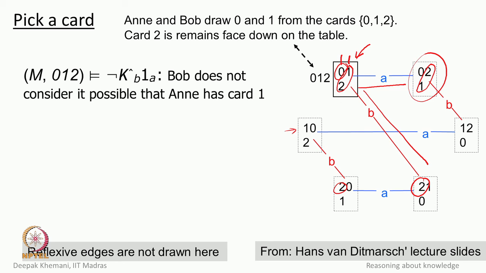So, we can make statements like this, that in this structure this formula is true, that Bob does not consider it possible that Annie has card 1 essentially. Remember that we are talking with respect to this given state 0, 1, 2, which is this state here.